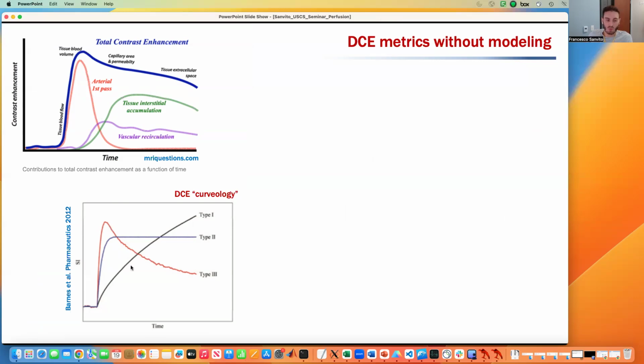And this is at the basis of what we call DCE curvology, where we classify curves of DCE as type 3 if there's an early spike, type 1 if there is a slow progressive enhancement, or type 2, which is in the middle. The biological correlates of these three types are not always super easy to understand, but this is a qualitative evaluation of the contrast enhancement kinetics over time if we look at the specific voxel or group of voxels in the fourth dimension.